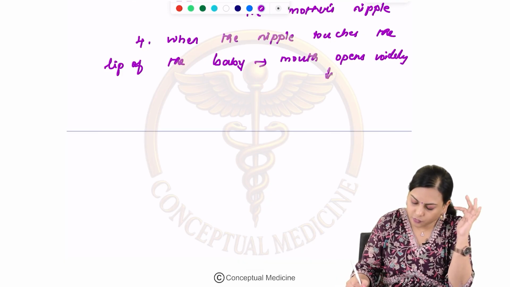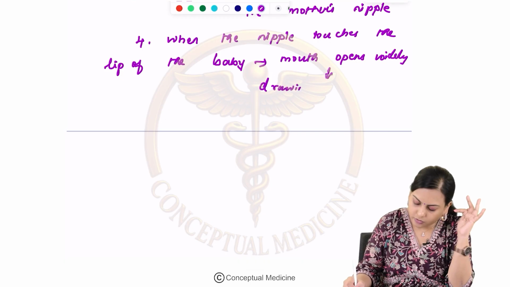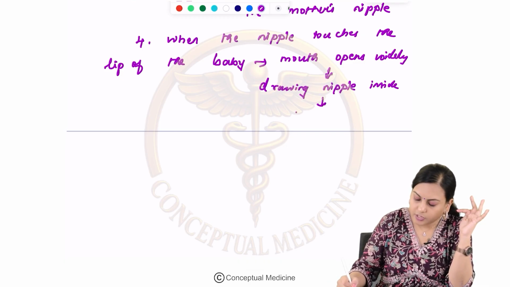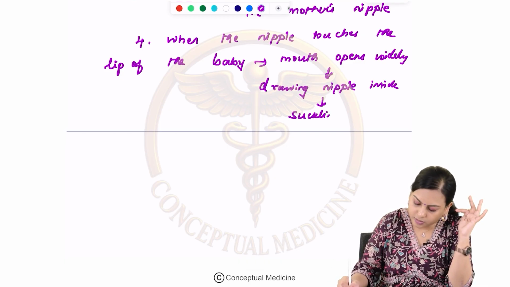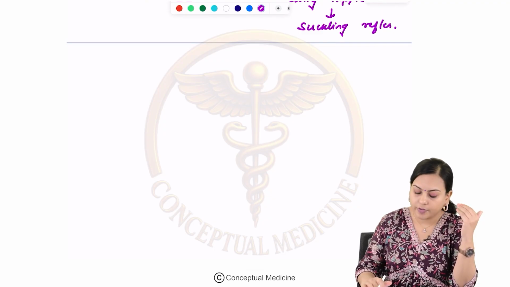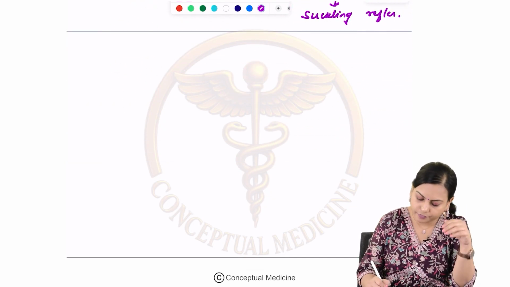That will be leading to drawing nipple inside. That will be initiating the suckling reflex. Clear?